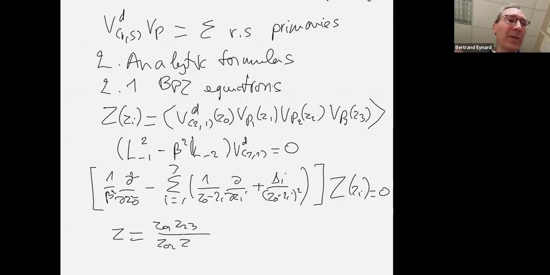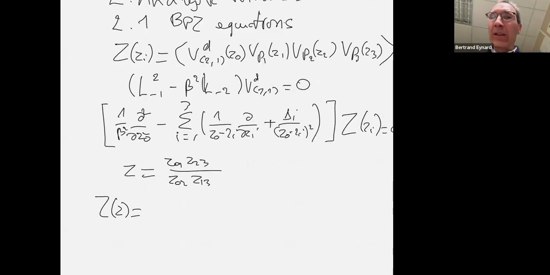So we have this function big Z of small z, which you can also interpret as the correlation function of V_{D21} at point z, V_{P1} at point 0, V_{P2} at infinity, and V_{P3} at 1.